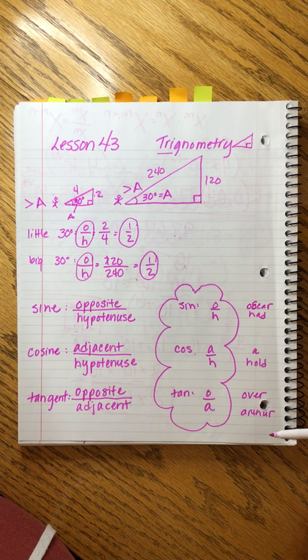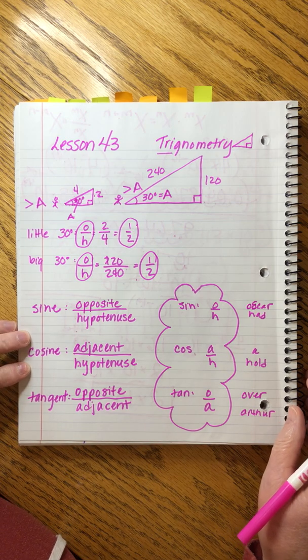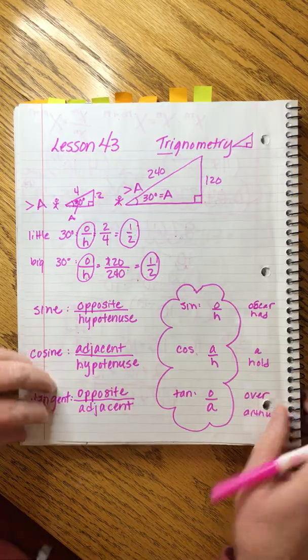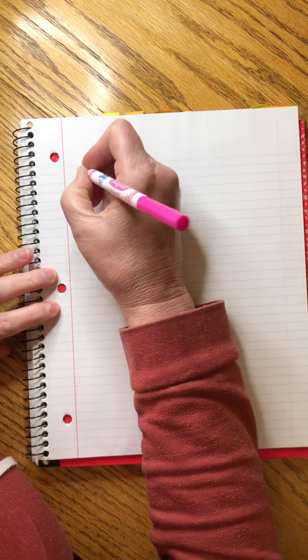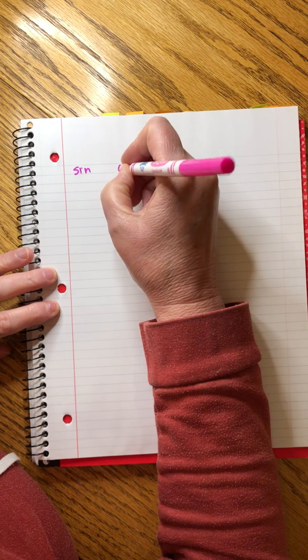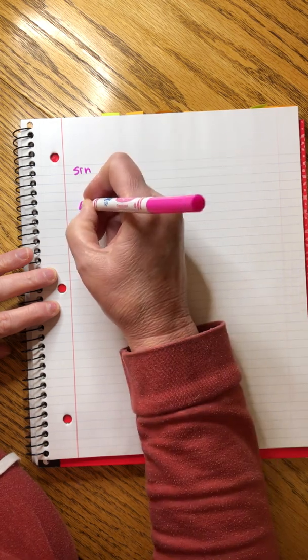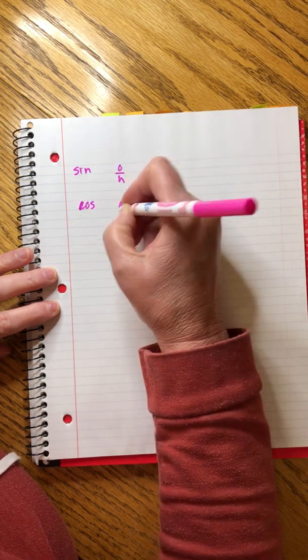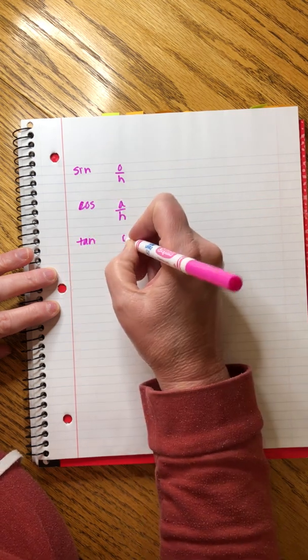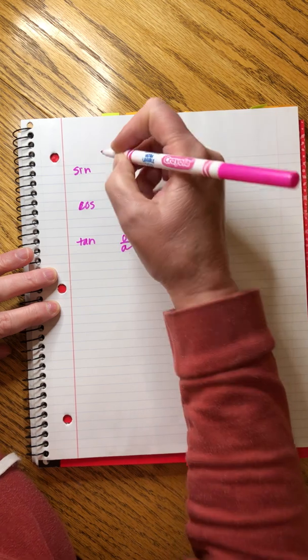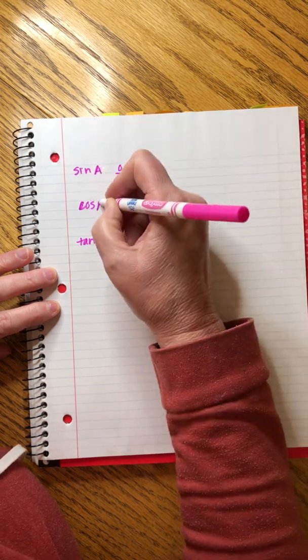All right, so what we do when we are working with these problems, I'm going to copy my list down again. Now, I mentioned that there's an angle associated with it.